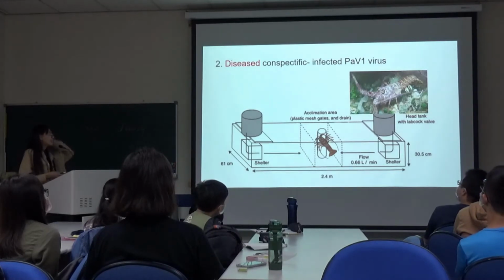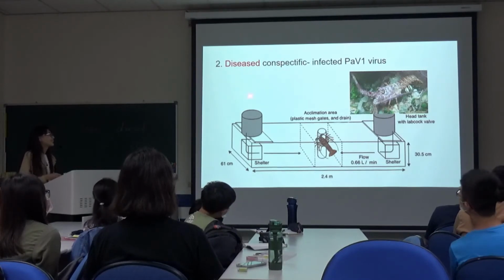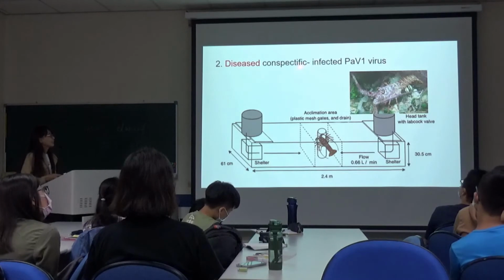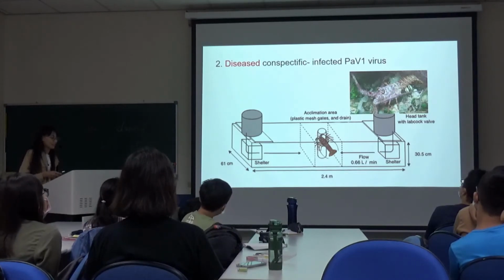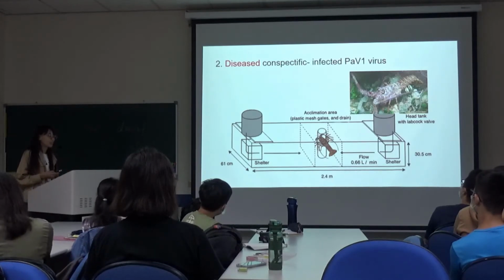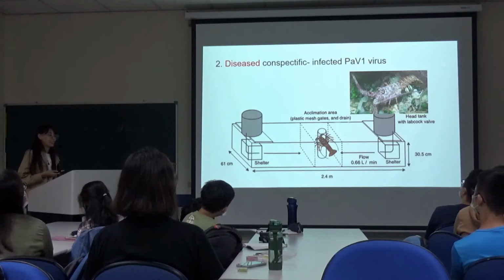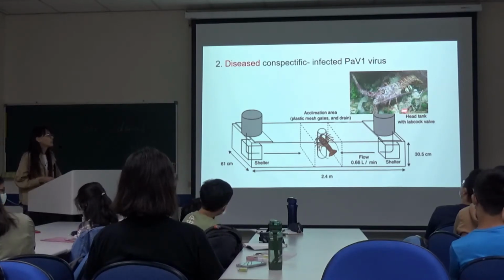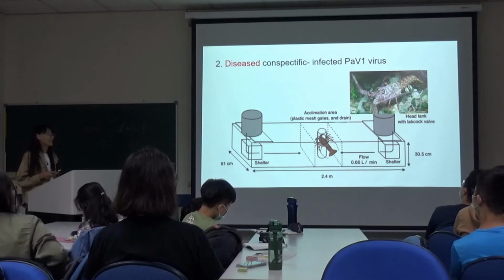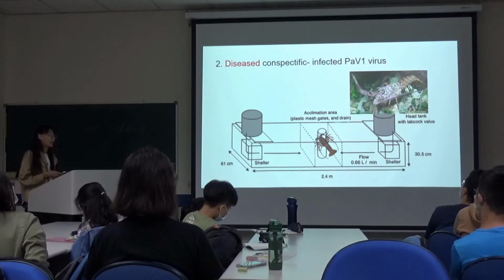And the second experiment is a diseased lobster infected with PaV1 virus. If the lobster is infected with the virus, it will increase the mortality of the lobster, and its shell and the hemolymph will become white and have a particle at the surface.